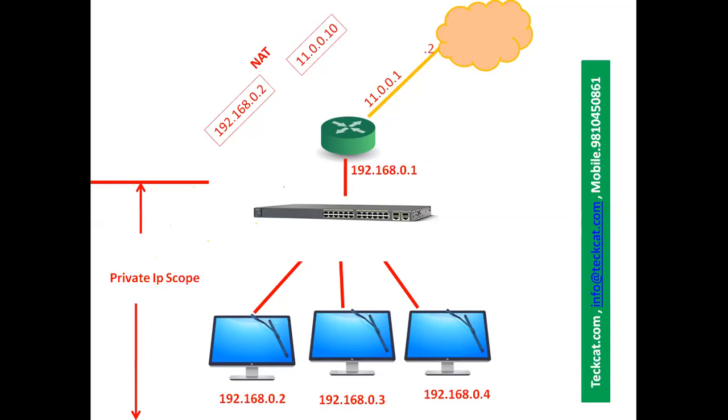When the traffic goes out from your device, it will be translated and sent to the internet. So we don't get a public IP. Maybe the provider will give you one, or maybe not. Maybe he will configure the NAT service at his own end.